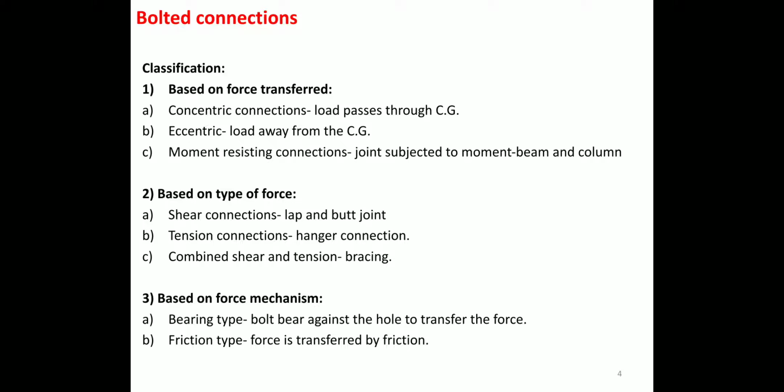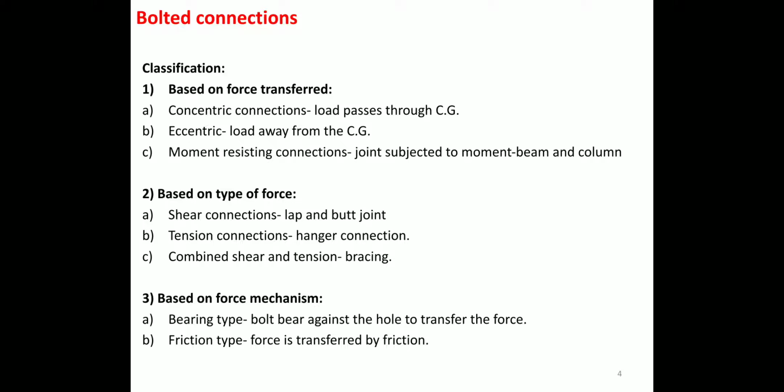Then the second classification is based on the type of force. The first type is the shear connection, dealing with lap and butt joints. We studied in the previous lecture what is meant by lap and butt joints. The second type is the tension connection, for example a hanger connection.